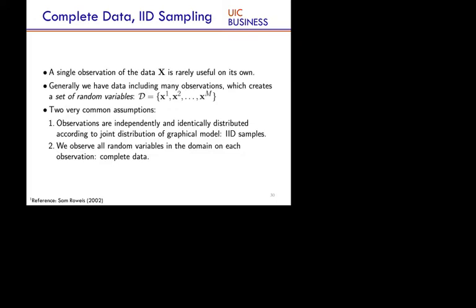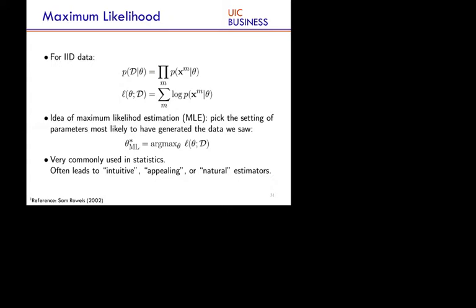A second observation you typically make is that you observe all the random variables relevant for your estimation. That's what you do in machine learning, estimation, or statistics. In terms of equations, when I say IID data, you have a product form. You can ignore the conditioning to interpret this.